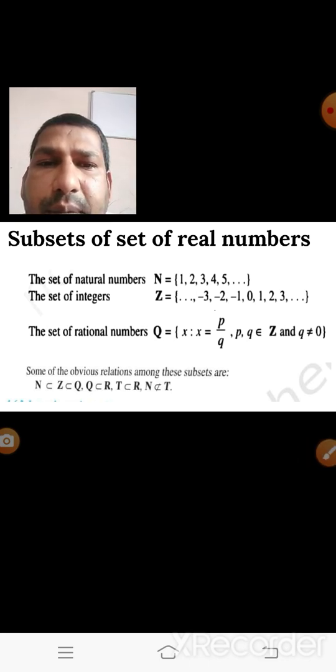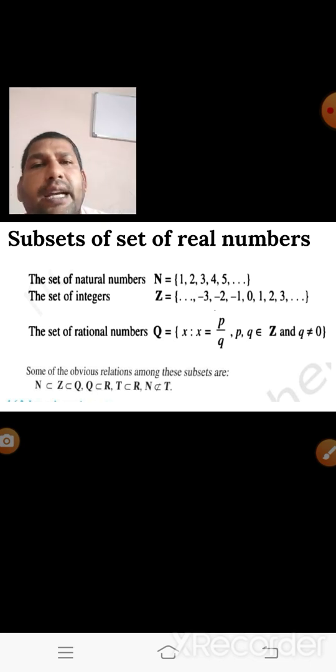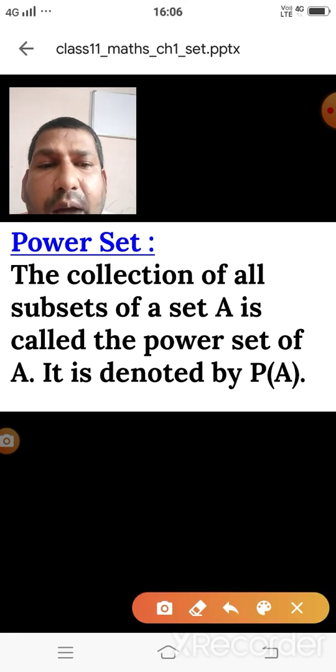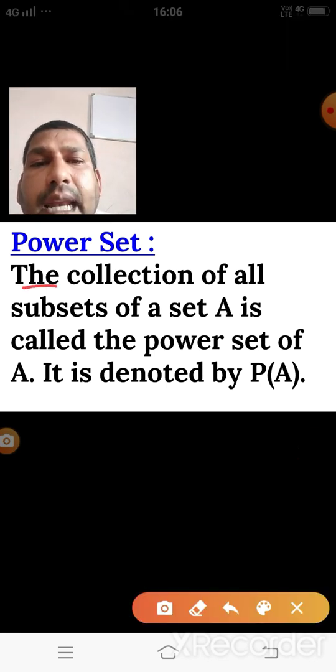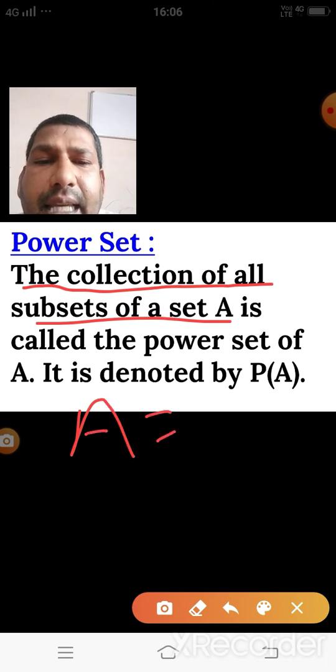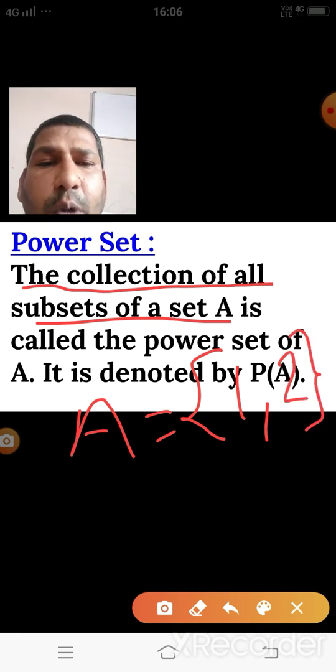If all the elements lie in the other set, then we call that one a subset of the given one. Then the next one we have is the power set. The collection of all subsets of a set is called the power set of A, and it is denoted by P(A). If you take any set as A and the elements you are getting as 1, 2, then what are the possible subsets of the elements of the set A?